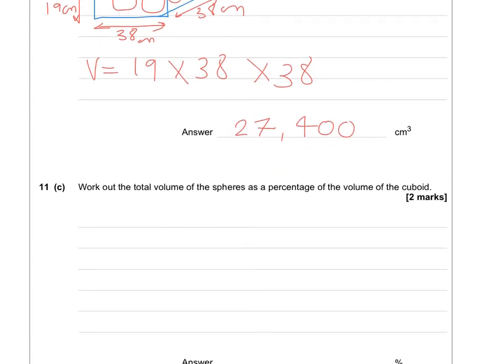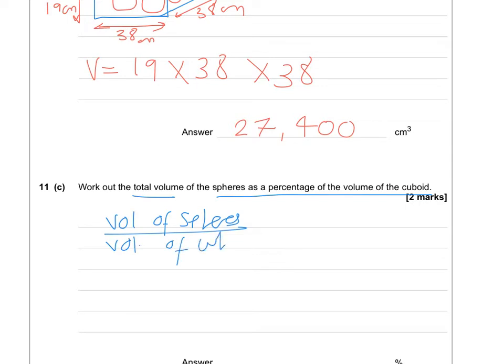Part C. Work out the total volume of the spheres as a percentage of the total volume of the cuboid. So we have to do volume of spheres divided by the volume of the cuboid and multiply this by 100 to convert it into a percentage.